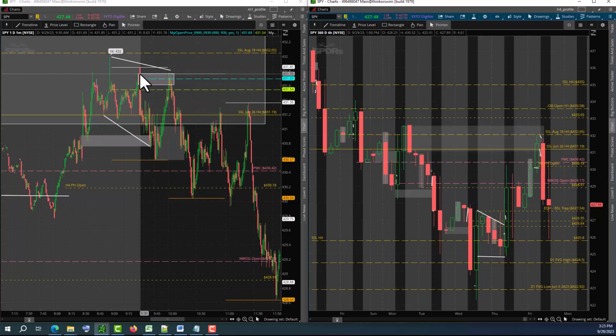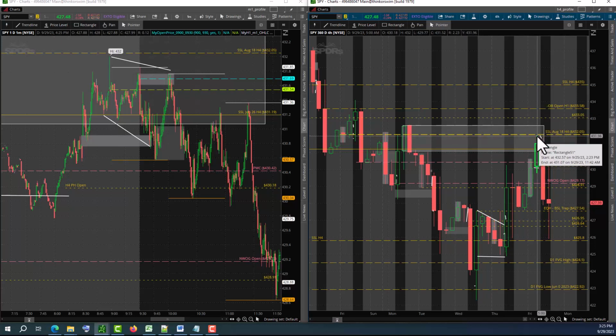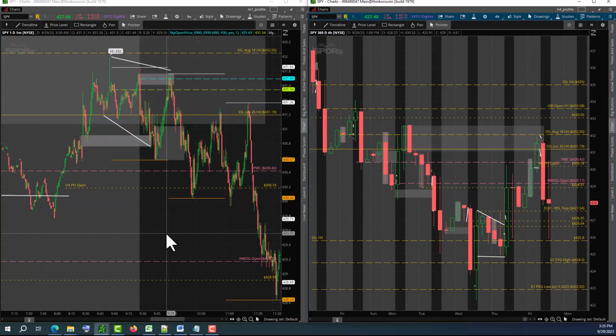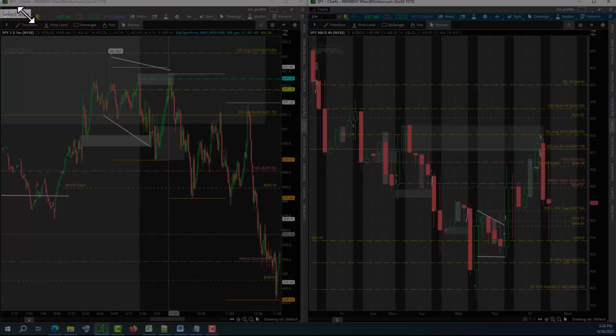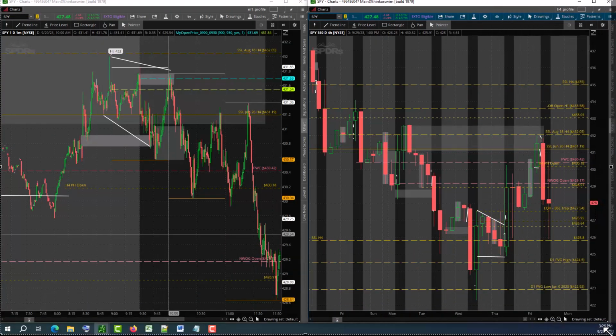You either go in right here or you wait right here, which gives you a more comfortable one right there. And our stop loss just above this swing high right there, exactly just above this, 5 cents above this 432 right there. Okay, so we do side by side 4-hour and 1-minute time frame right there.